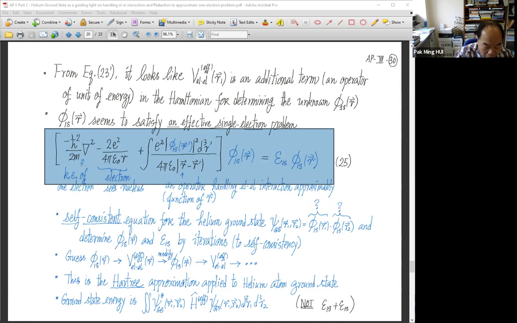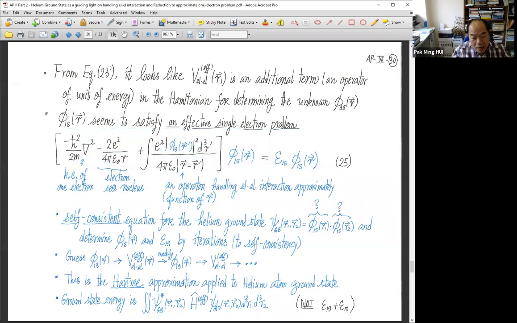Okay, for example, phi 1s and phi 2s. You can imagine if I have two electrons, one in 1s, one in 2s. When I solve for 1s, the other one will be in 2s. When I solve for 2s, the other one will be in 1s.